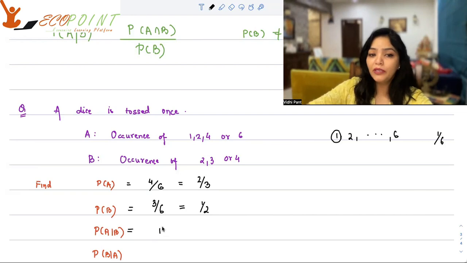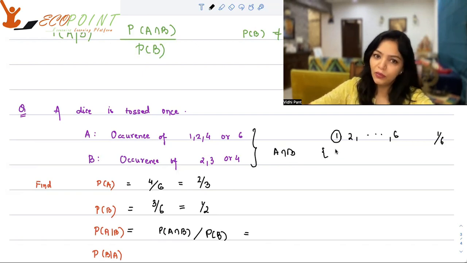What is the probability of A condition to B? It's going to be probability A intersection B upon probability B. We have probability B. What is the intersection of A and B? Clearly, the intersection of A and B is equal to 2 or 4. Okay, 2 or 4 is the intersection.